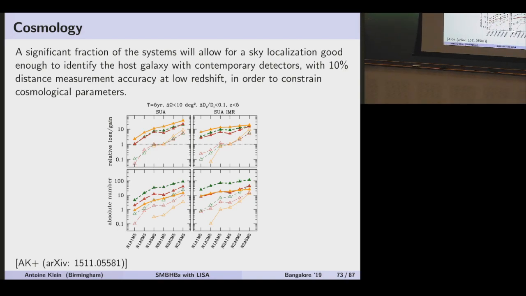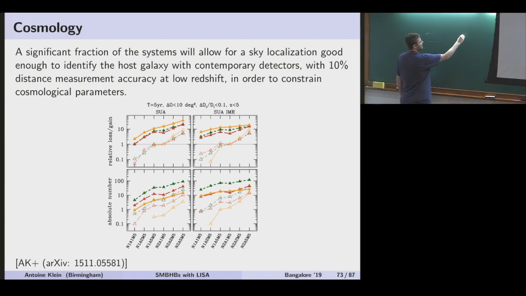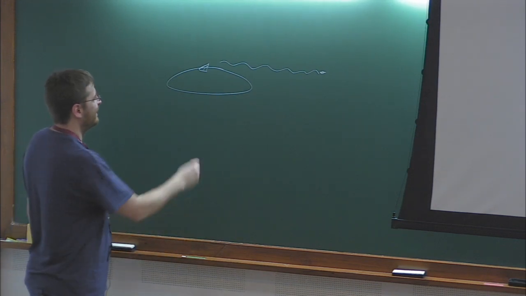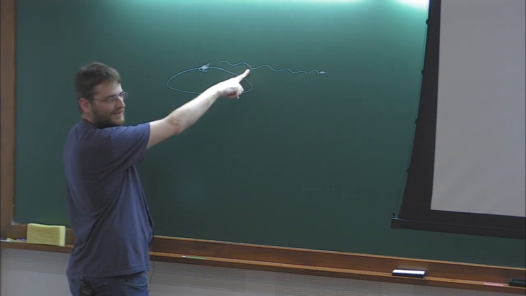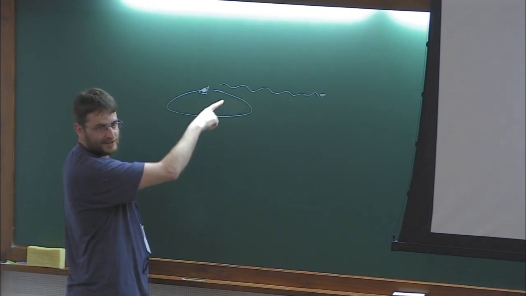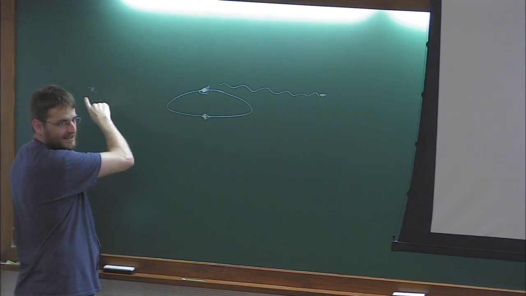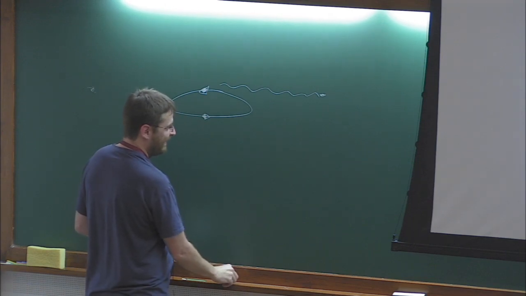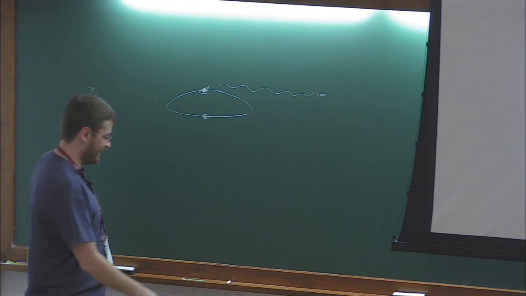So for example, suppose that this is the orbit of LISA, right? You have a source here that emits some gravitational waves. So when LISA is here, your frequency is redshifted. And when LISA is here, your frequency is blueshifted. But if it's in the other direction of the sky, it's the opposite, right? So that can tell you about sky localizations.